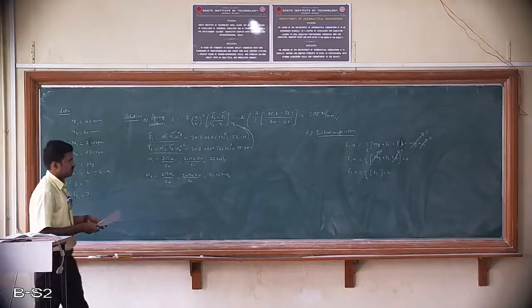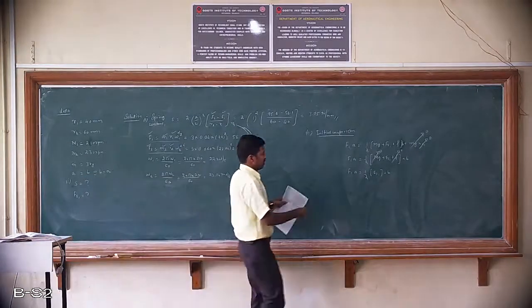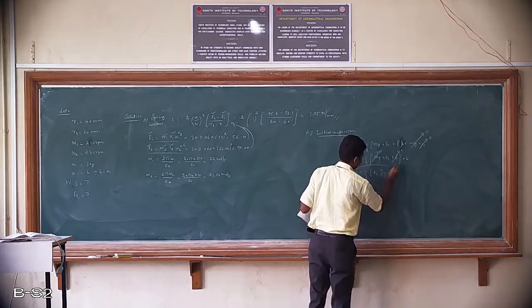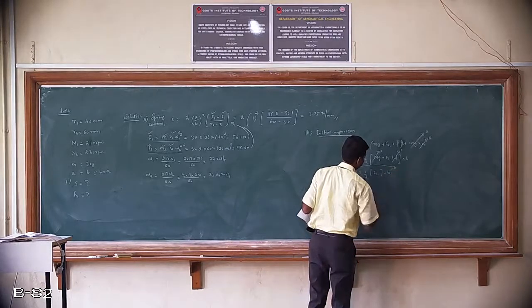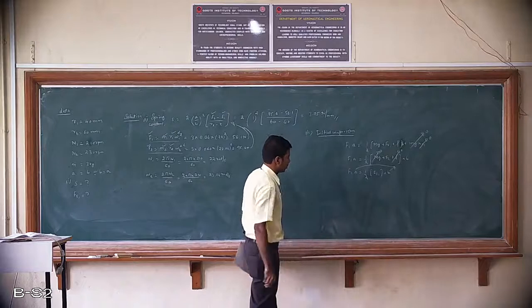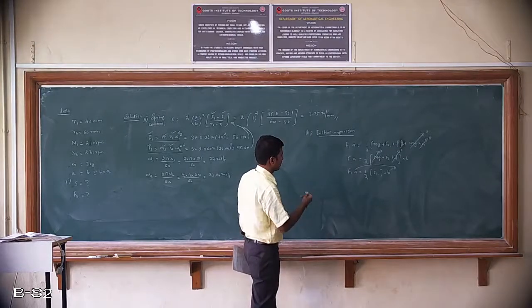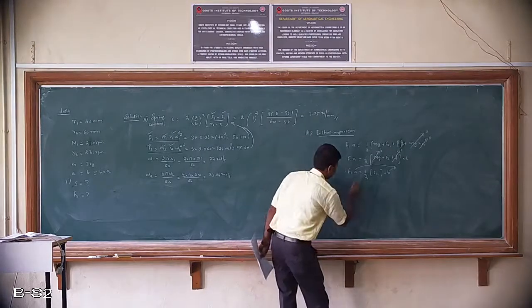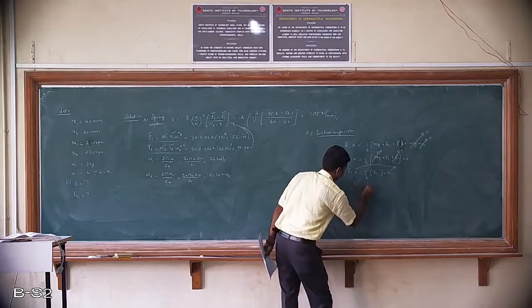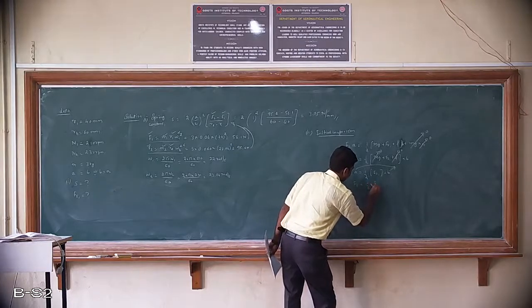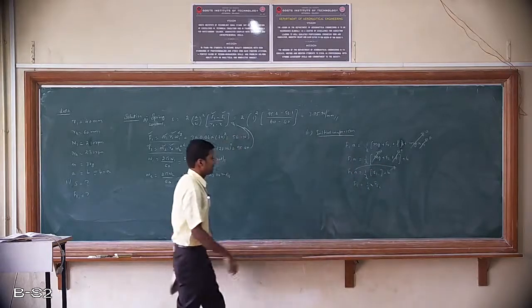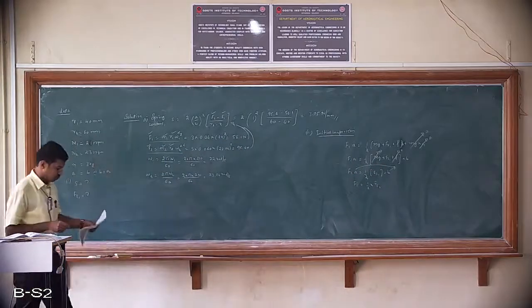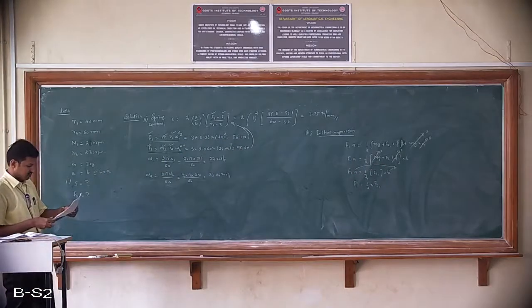Now in this case, A and B are the same, so A by B is equal to 1. I will be remaining with F1 is equal to 1 by 2 into Fs1.